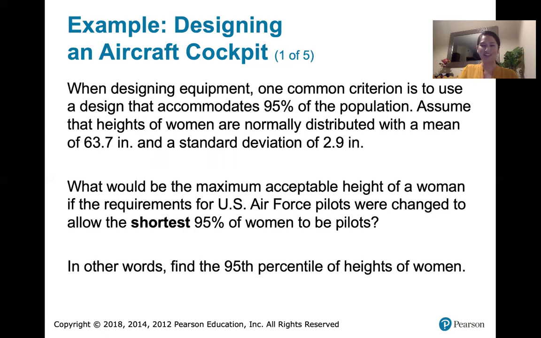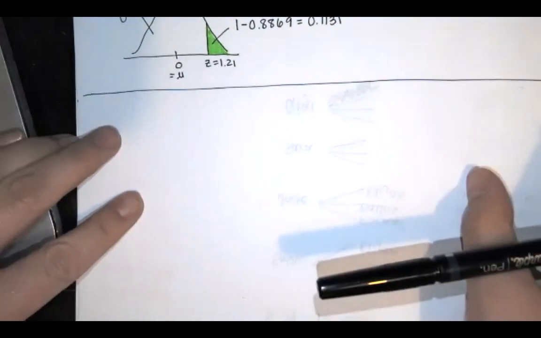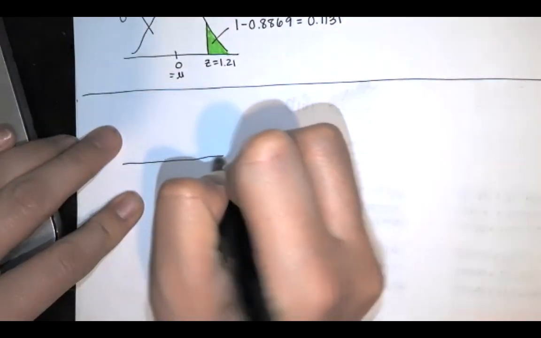In order to do this, I'll share my paper with you. So the first thing I want to do is sketch a normal distribution. I want a visual of what I've been told. I want the 95th percentile for women.